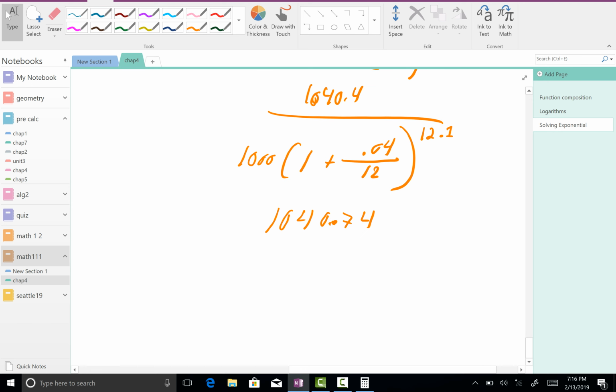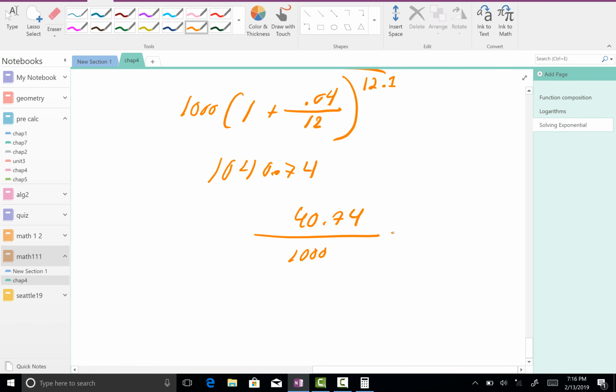So here's my interest. So this is the interest that I'm paying. Everybody agrees with that part, right? Okay. So here's what I was telling you about. So if you take 40.74 and you divide that by 1,000, this is how much your interest rate has been. So what is that if we divide that by 1,000, what do we get? 0.04074.